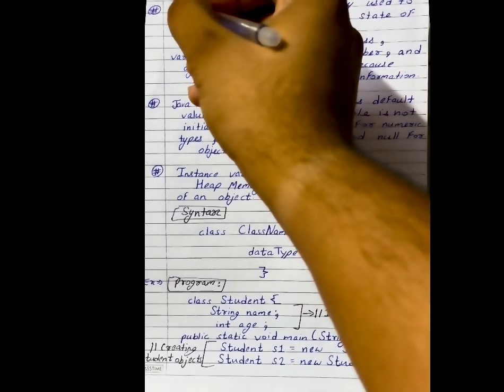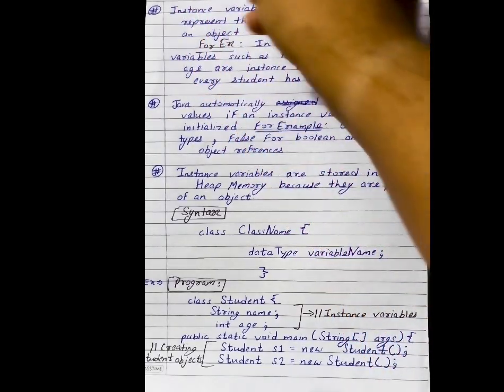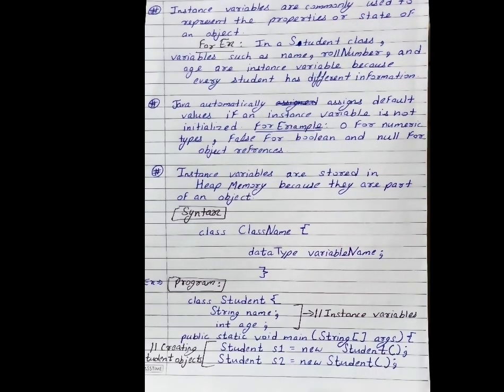Now, let's move to the next point. Java automatically assigns default values if an instance variable is not initialized. For example, 0 for numeric types, false for boolean, and null for object references. Apart from that, instance variables are stored in heap memory because they are part of an object.